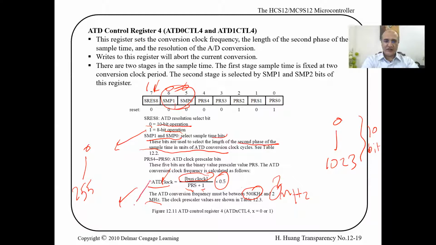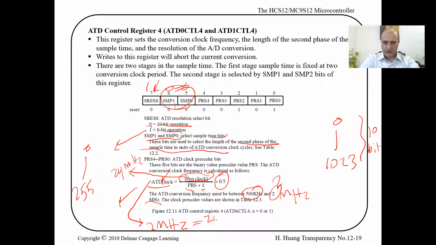If we want to set this A to D clock to the max, yani 2 megahertz, and we did use PLL like last time, yani 48 megahertz. So the bus clock in this case will be half of it, yani 24 megahertz.